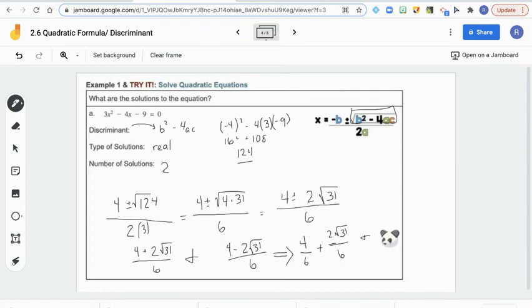And the same thing, but with a minus, right? We could have this minus here. We're going to go one more step because we need to simplify this. 4/6 should be a 2/3. And 2 over 6 can be simplified to 1/3 times the square root of 31, right?